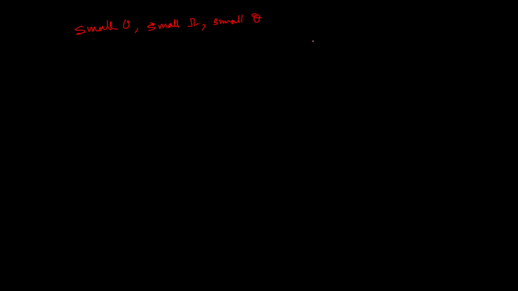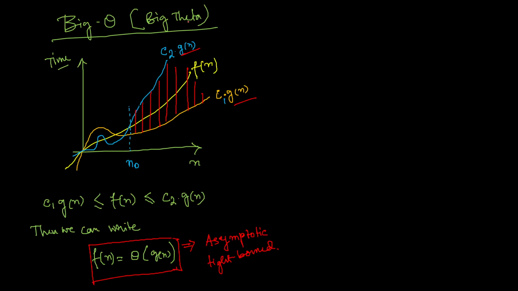They are not much different from the previous big O, big omega, and big theta. The only difference is that with respect to the equation, here we are considering equal to, less than or equal to, whereas in the case of small ones, these are strictly less than or greater than. There is no equal. That is the difference. The other concepts are the same. Anyway, maybe these three cases will not come in the exam, so I am not even discussing them.